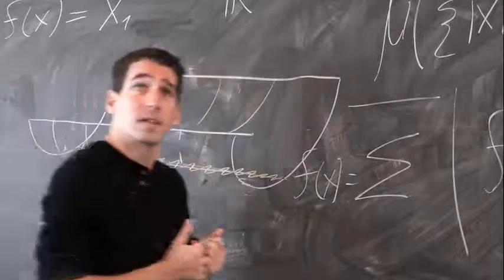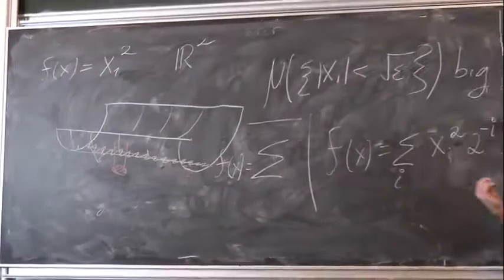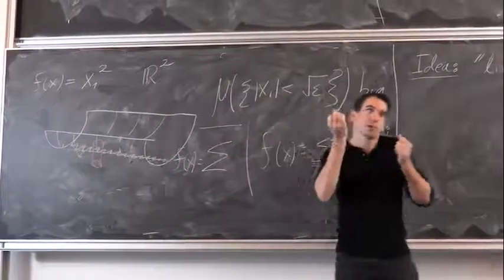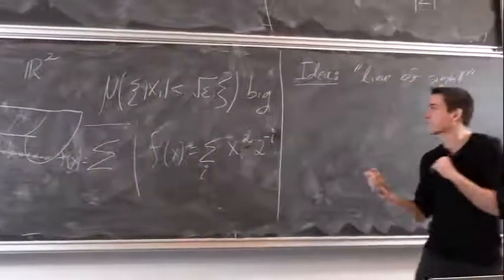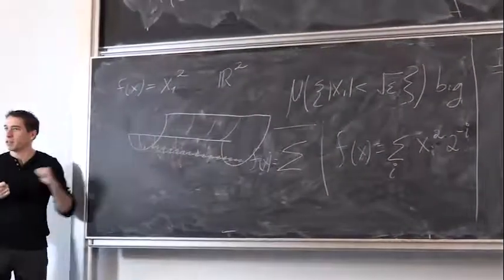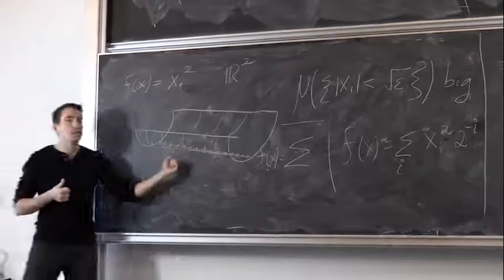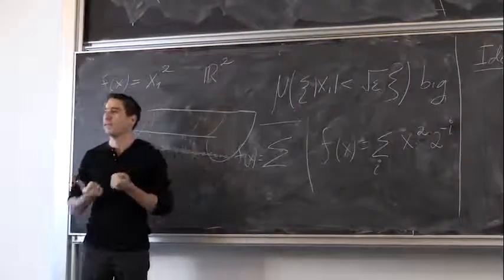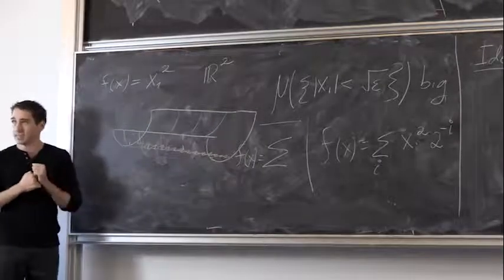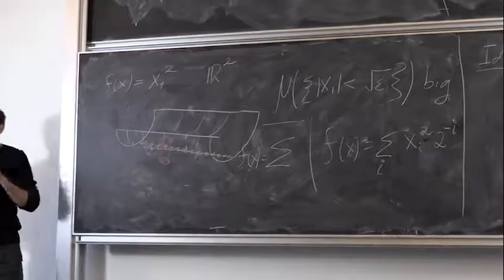I want to ask which functions g, or basically which points z for which g is small, will be exposed, will be found by this measure mu. What I claim is that this measure mu will take care of all the points z that have an open line of sight to this portion of the graph of f.